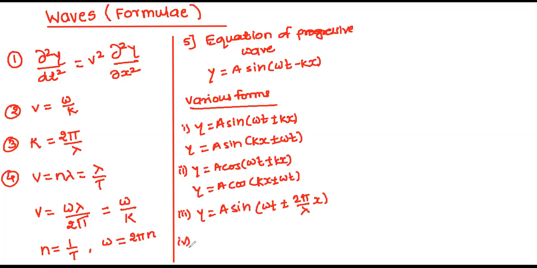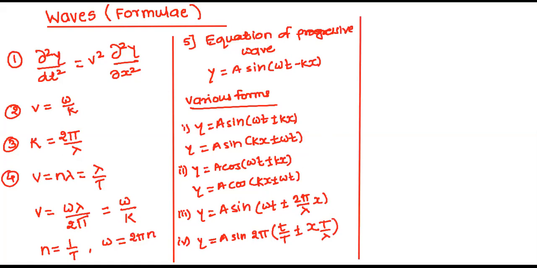Next, y is equal to a sine 2 pi small t by capital T plus or minus x by lambda. Your second column.